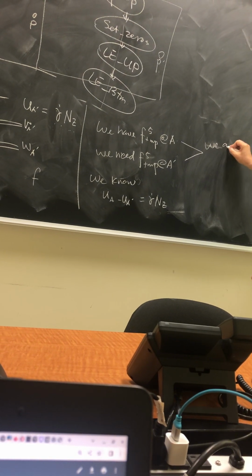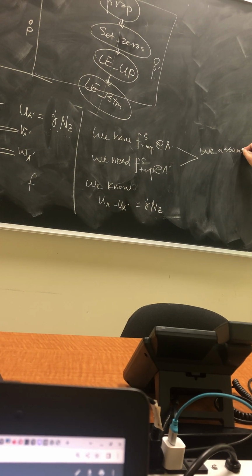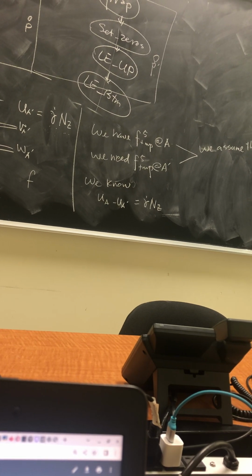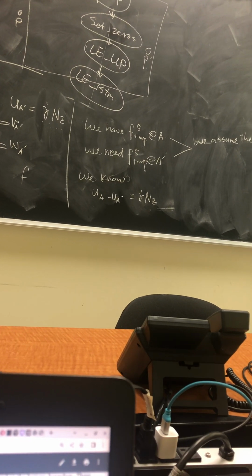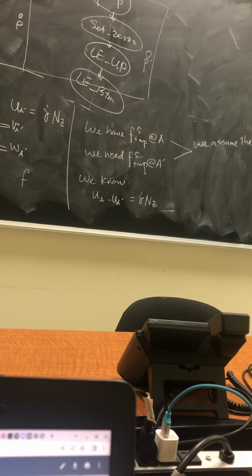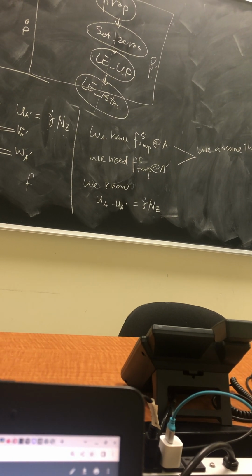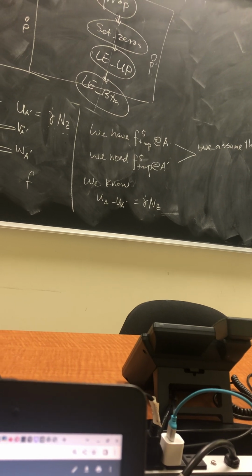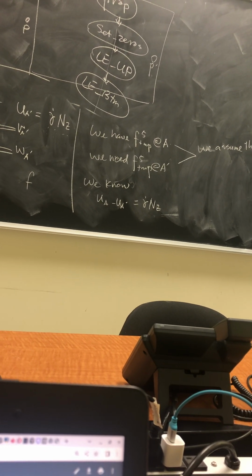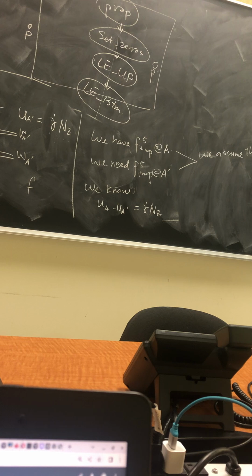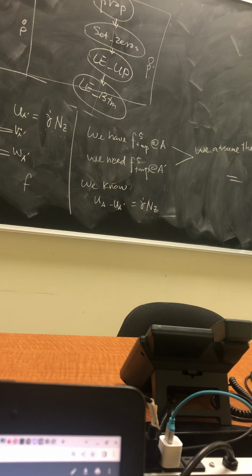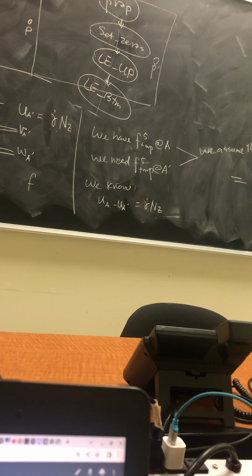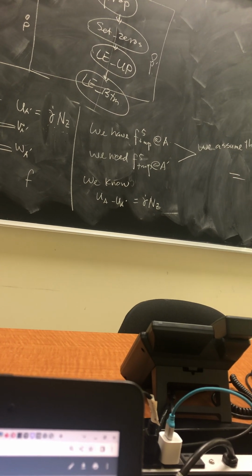We assume the difference between F temp 5 at A and F5 temp at A prime, this one is available, but this one how much it is? We assume it is the same.